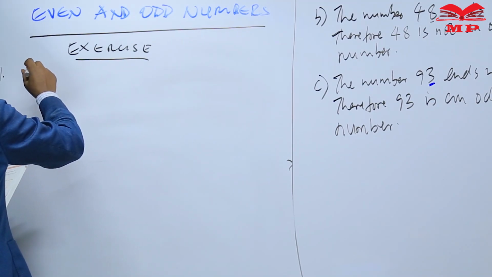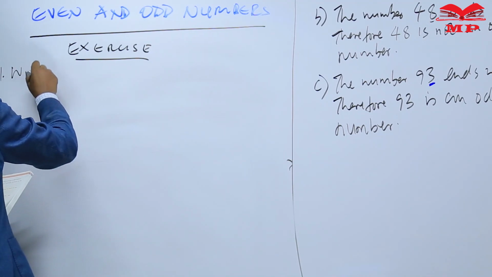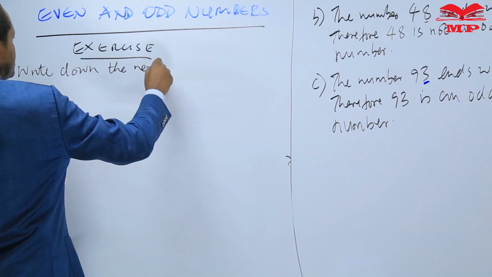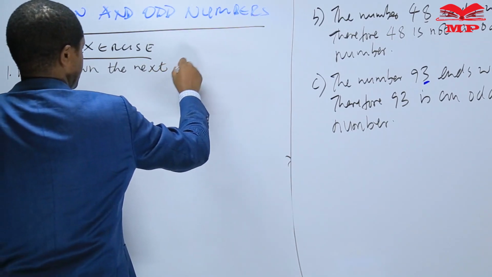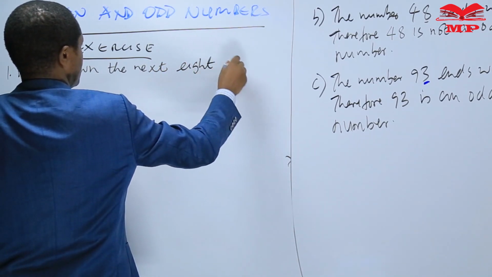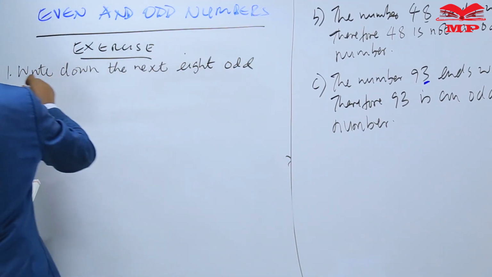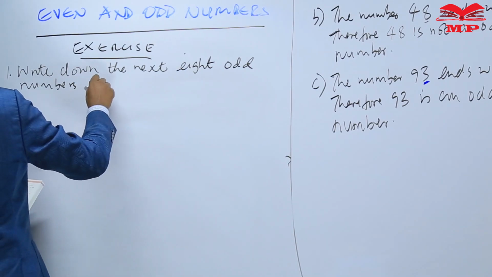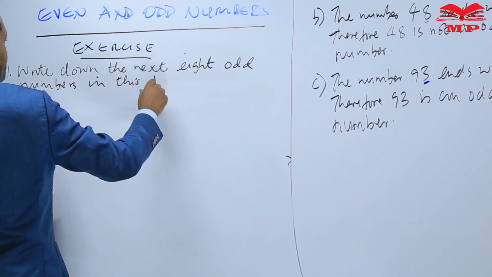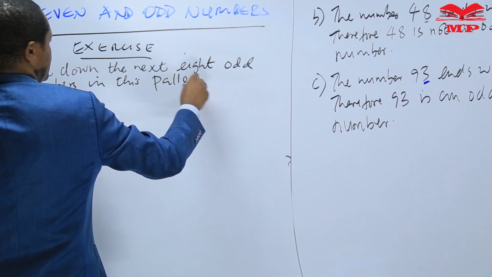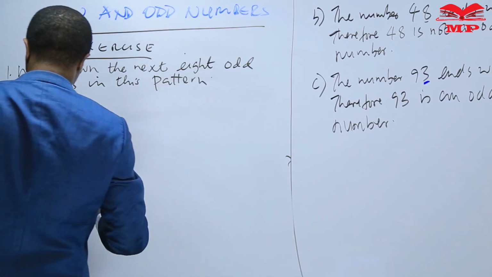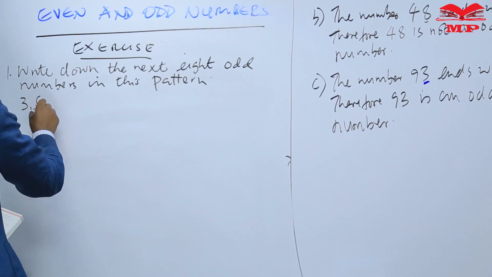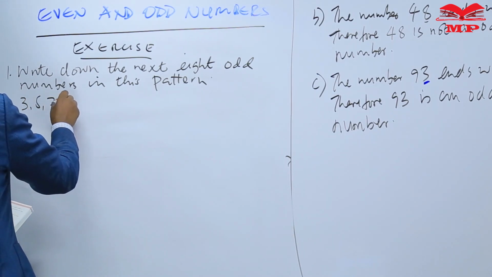Write down the next 8 odd numbers in this pattern, starting with 3, 5, 7, 9.